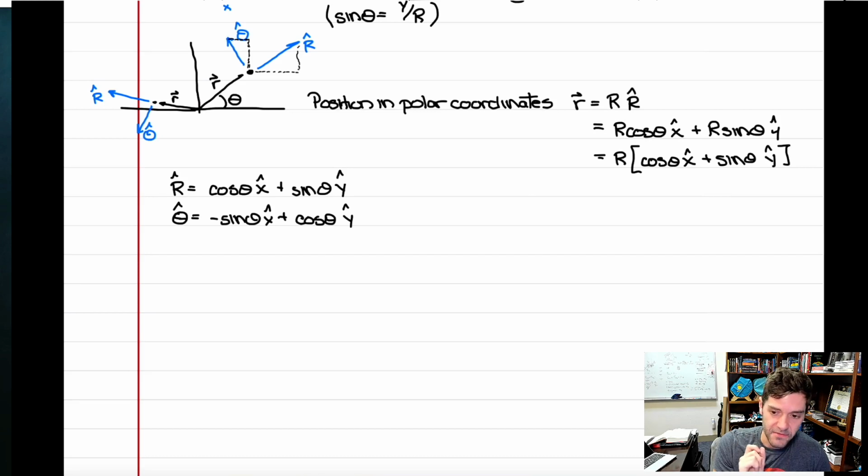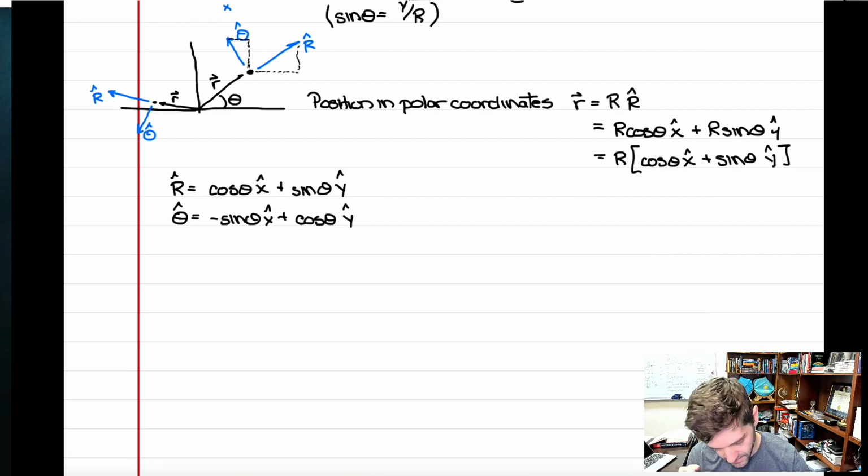Here, the axes themselves are moving. So what the particle is doing also says something about the rate at which the axes themselves are moving, which means the time derivatives of these unit vectors are non-zero. So we can't blindly calculate velocities without remembering that the unit vectors themselves change as a function of time.